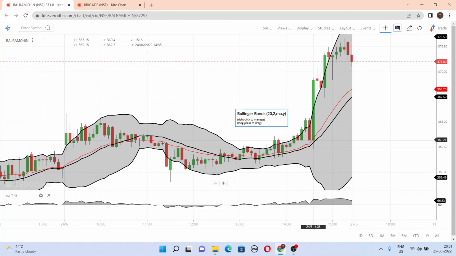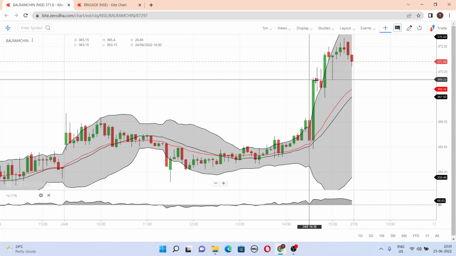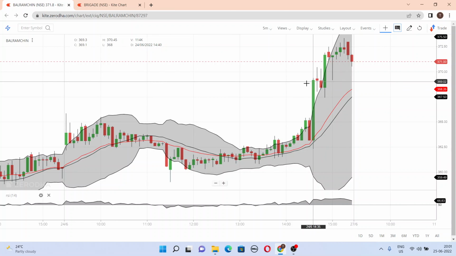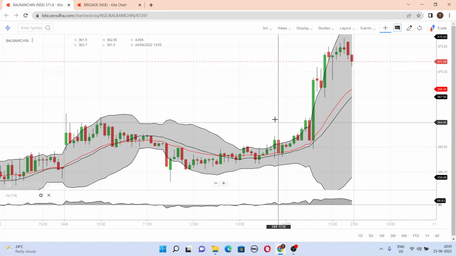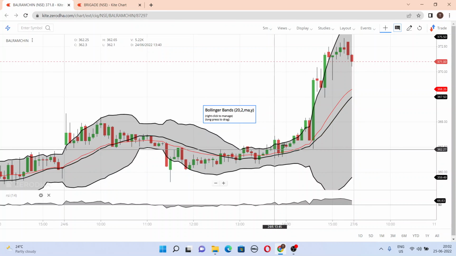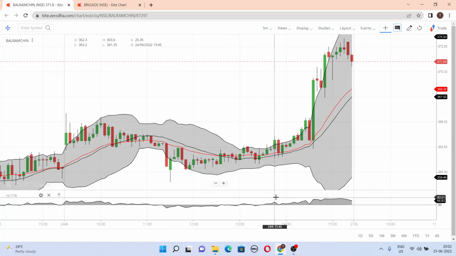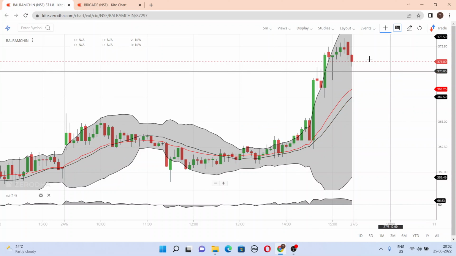As you can see, this one candle itself, a 5 minute candle, went from 363 to almost 370, which is almost a 2% move in a single candle. So very simple setup. As I said, the preconditions should be the squeeze on the Bollinger Band, a prolonged period of consolidation, the candle closing and breaking out of the Bollinger Band range, and then RSI should be bullish as well. So this is a very good long trade that we saw here.